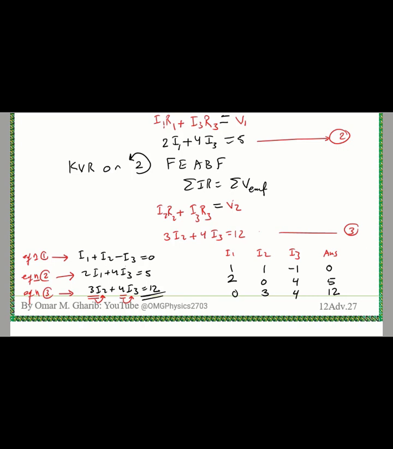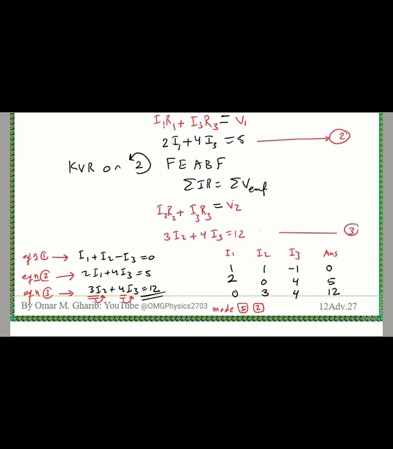Then go to your calculator or use any technique to solve these three equations, to find I1, I2, I3. Use the calculator mode 5, then 2, and put your values.